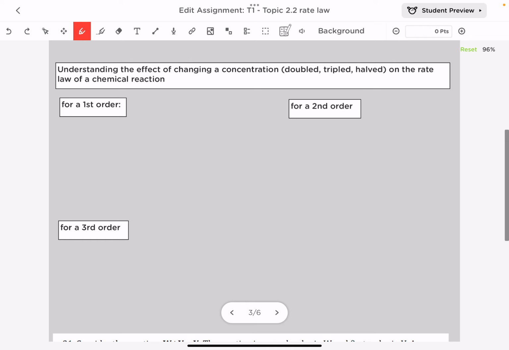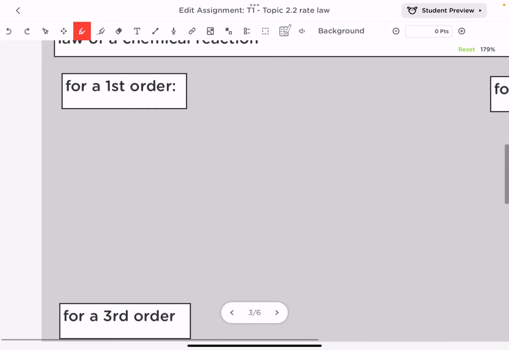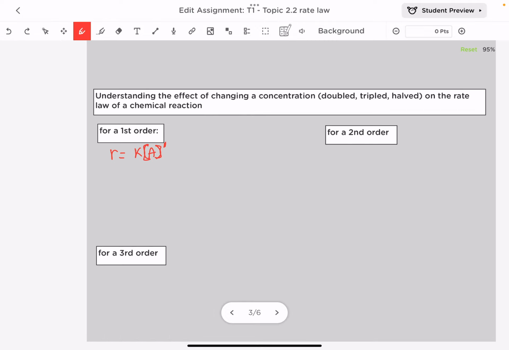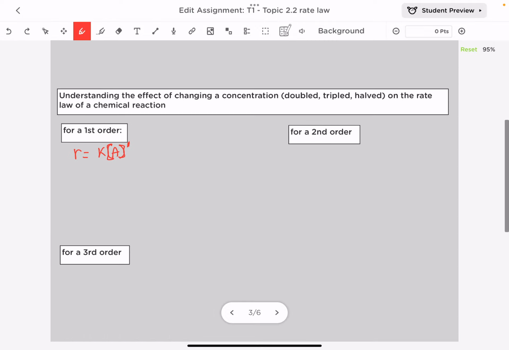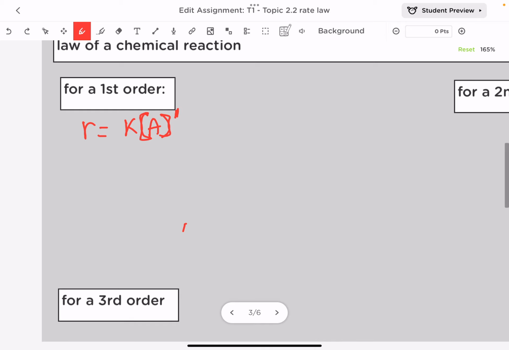So, if a reaction is first order, let's say R equals K, A to the power of 1, what would happen to the rate of this reaction if A is doubled or tripled or halved, whatever change I do to A? So if A is doubled, we say 2 to the power of 1, the rate will double.